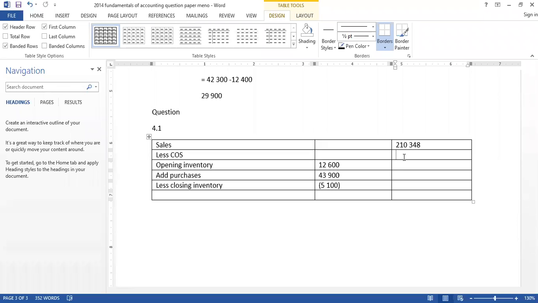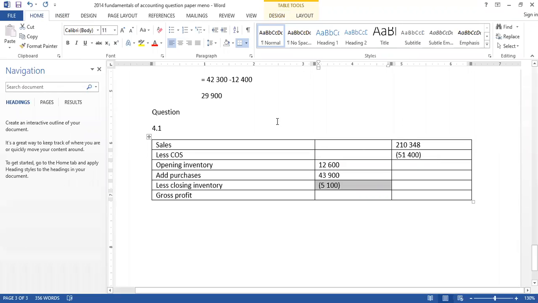Yes, the 51,400 is cost of sales. So sales less cost of sales, we get gross profit.